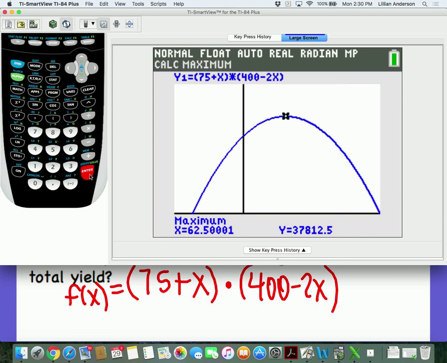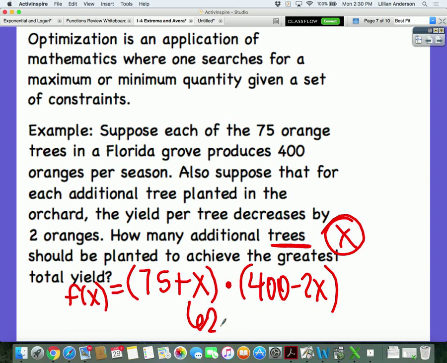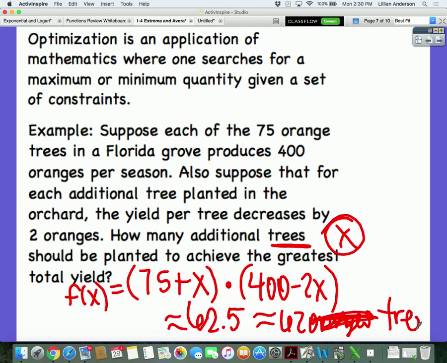Now, if your x value is not exactly like mine, it could be a window setting, but it is 62 oranges here. Or, I mean, not oranges, trees. Questions?